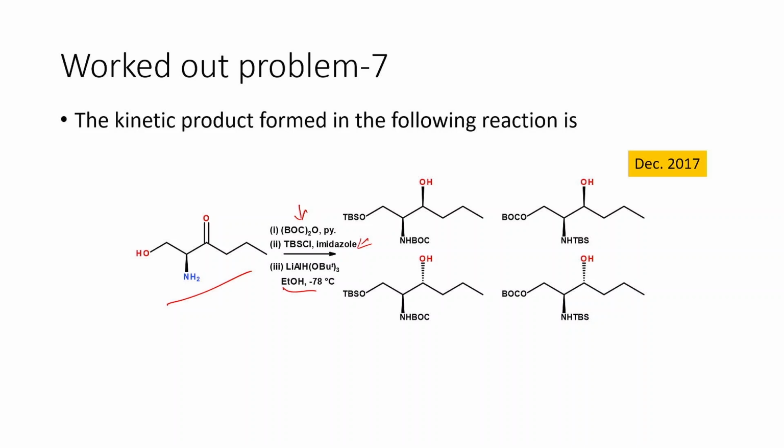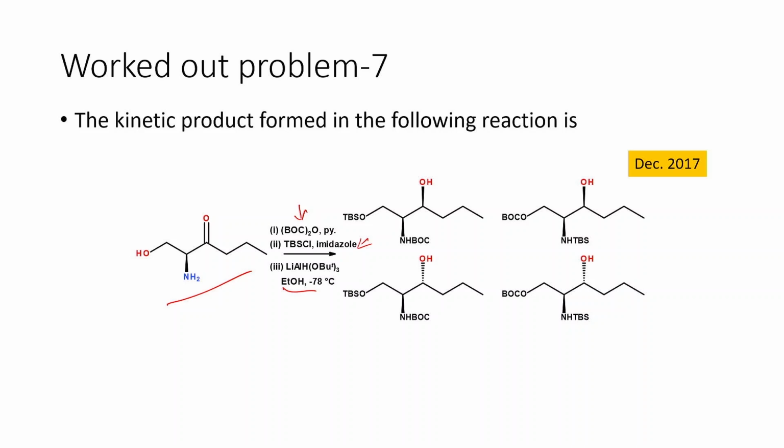So there are three different reaction conditions given. Boc anhydride is generally used for the protection of amino groups. This is one hint we can easily get from this reaction. The second one, the TBSCl or TBDMSCl with imidazole combination, is generally used for the protection of hydroxyl groups.